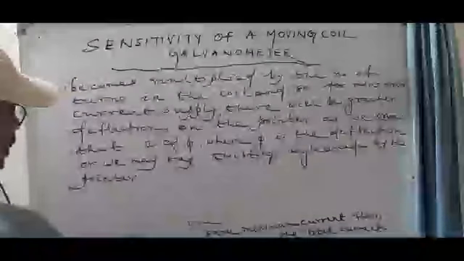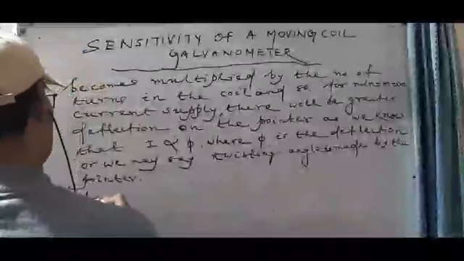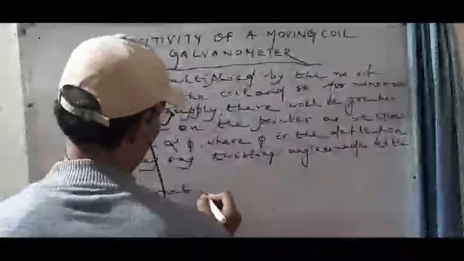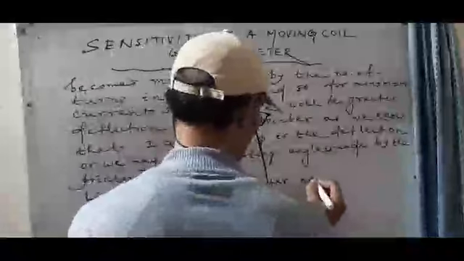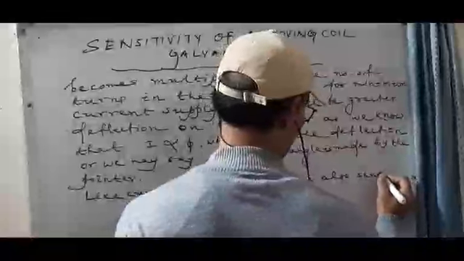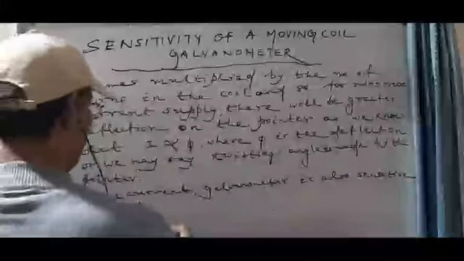So this is why a galvanometer is sensitive towards the current. Like current, a galvanometer is also sensitive towards voltage.